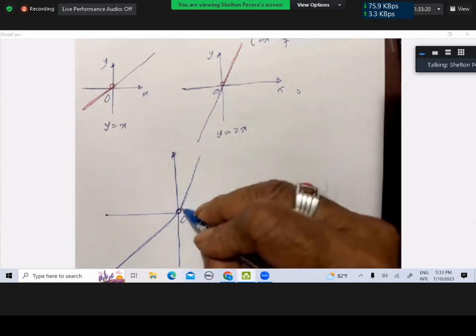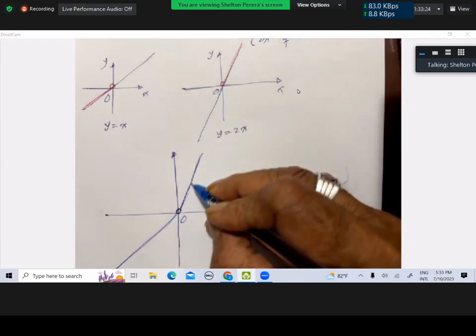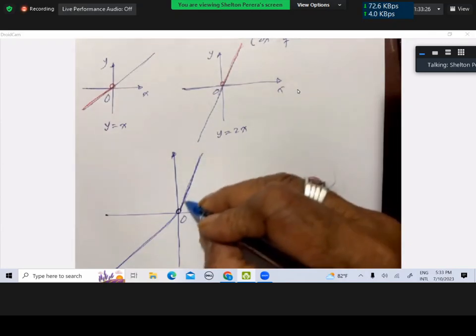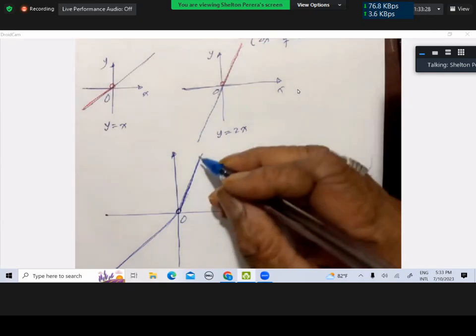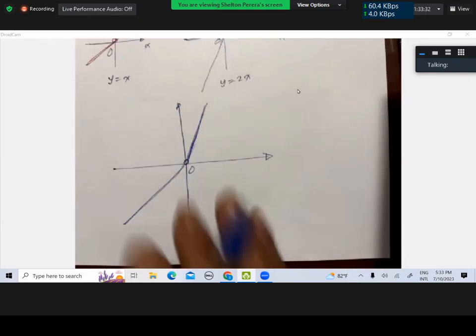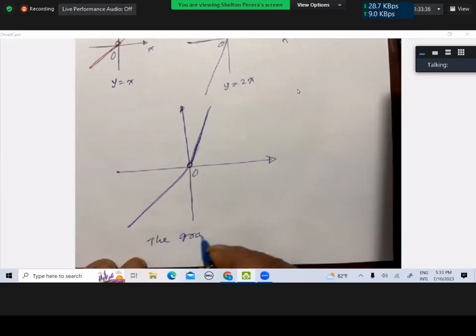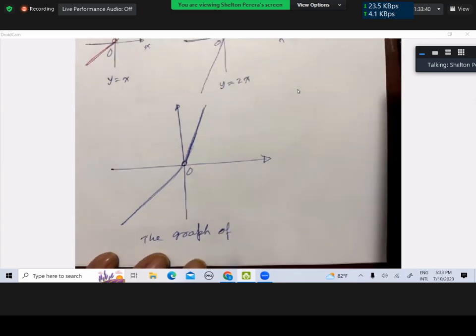Then a steeper slope, y equals 2x at 0. So that is the graph of this f.